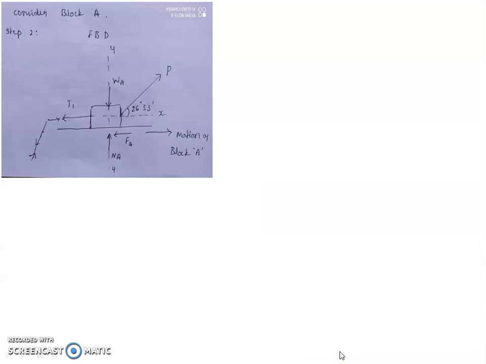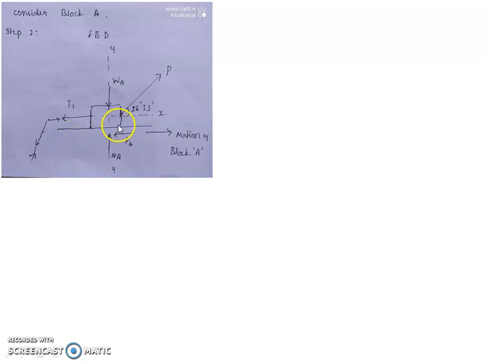Next, I will take the free body diagram of block A. I found this tension in the string. My block is moving towards the right direction, hence motion is in this direction. P is acting like this. They gave slope 1 by 2, so from the slope I found the angle, that is 26 degree 33 minutes. Since my block is moving right side, friction will be generated opposite to the movement of the block, that is towards the left side.